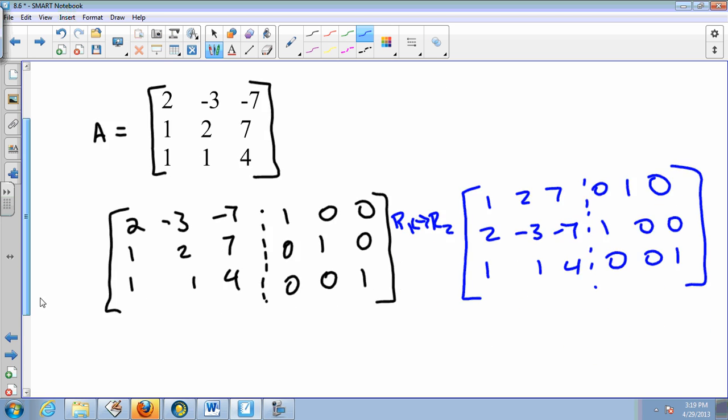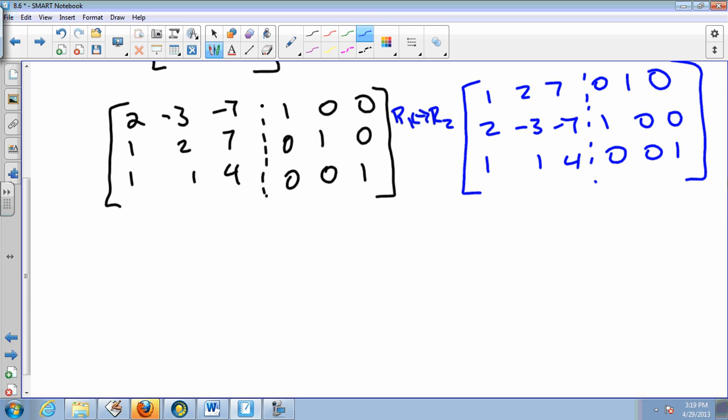So if we have our leading entry 1, we need to get zeros at the 2 and the 1 spot. So we are going to take row 2 minus 2 row 1. At the same time, row 3 minus row 1.